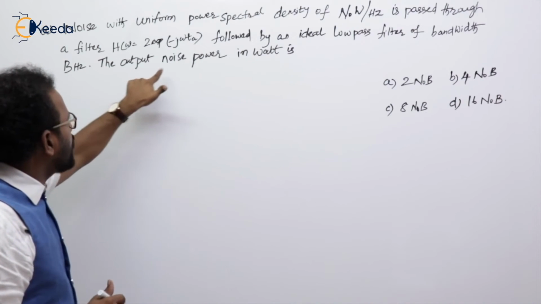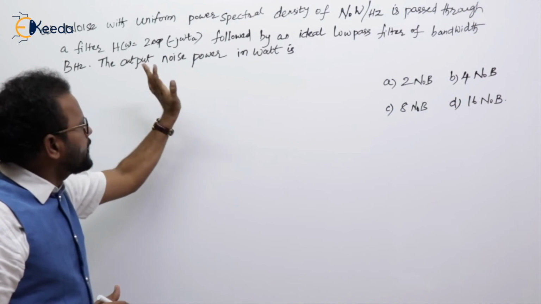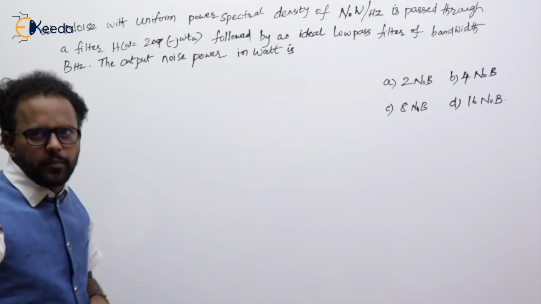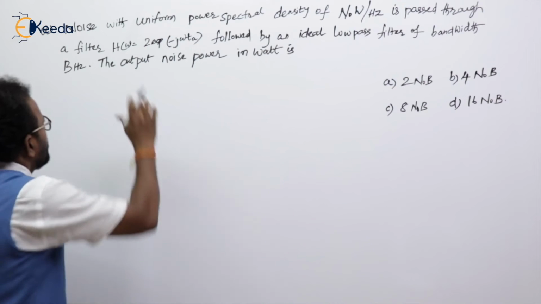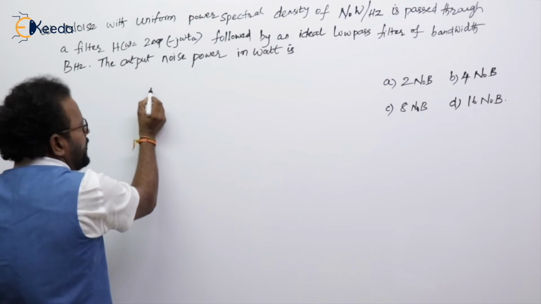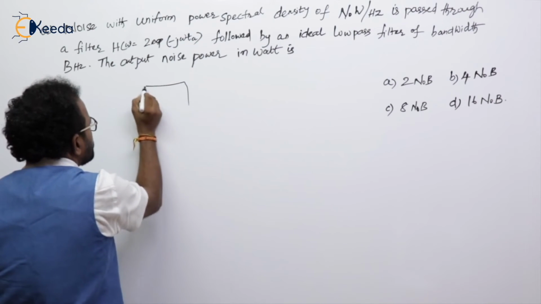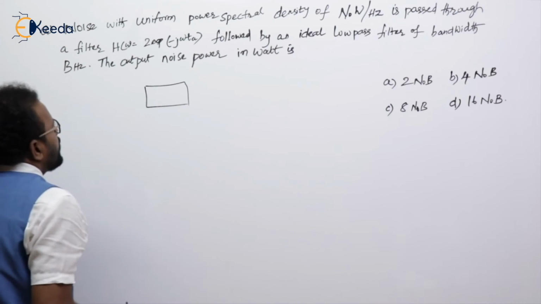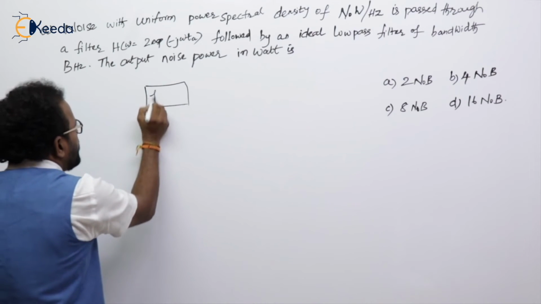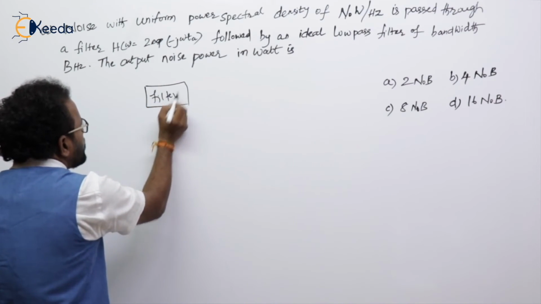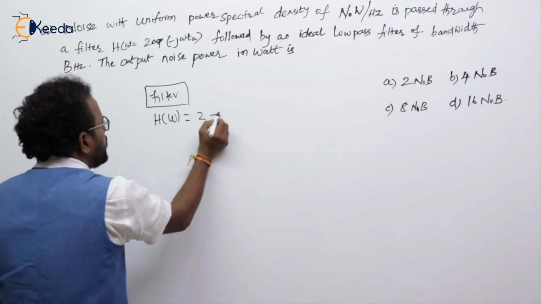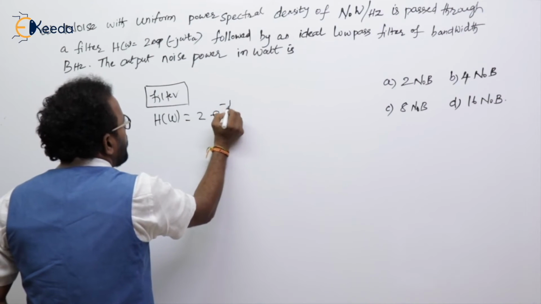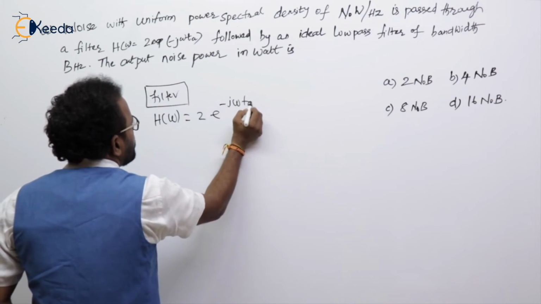The output noise power in watts is nothing but... Before going into the ideal low pass filter, the noise is passed through some filter, and the transfer function of that filter is given. The transfer function H(ω) is nothing but 2 into e^(-jωt_d).